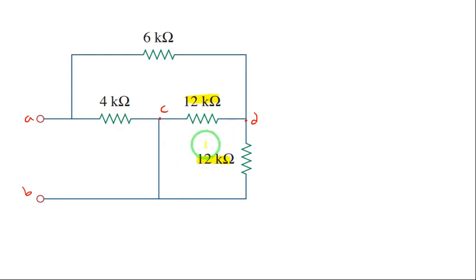Why am I saying this? Because a 12 kilo ohm resistor is connected between the terminals C and D, and whatever potential appears here, the same appears here, so the other is also connected between C and D.